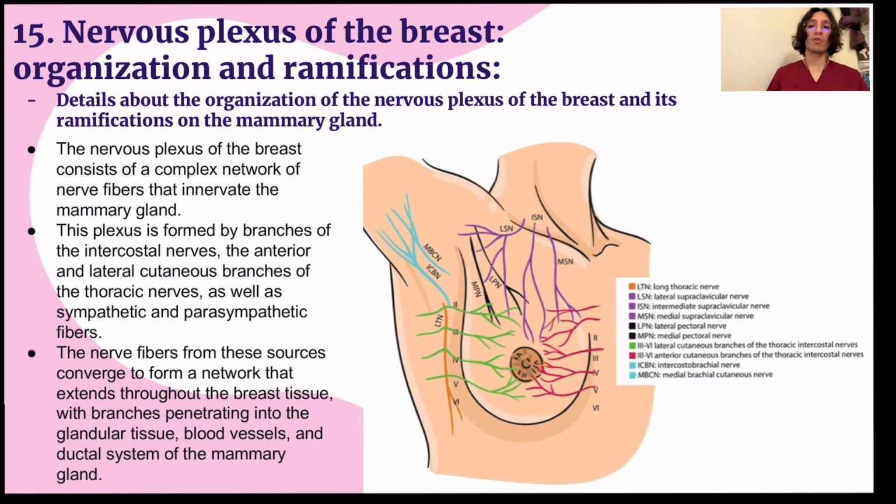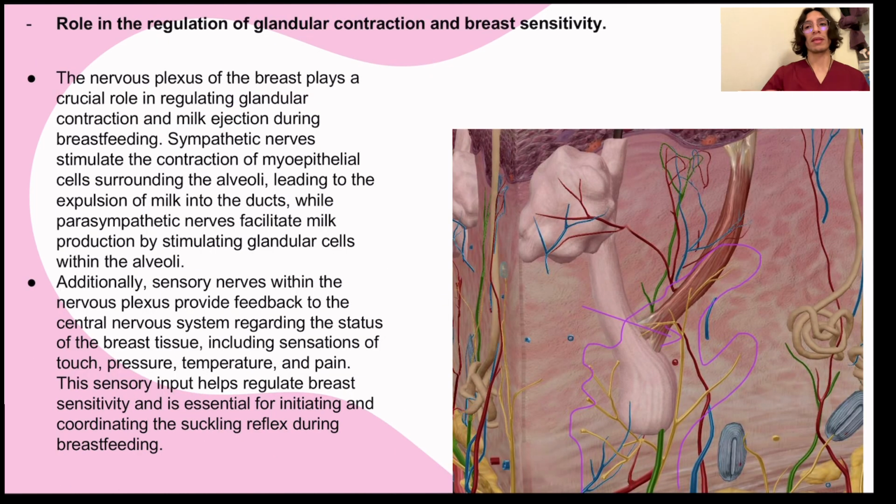This plexus is formed by branches of the intercostal nerves, the anterior and lateral cutaneous branches of the thoracic nerves, as well as sympathetic and parasympathetic fibers. The nerve fibers from these sources converge to form a network that extends throughout the breast tissue, with branches penetrating into the glandular tissue, blood vessels, and ductal system of the mammary gland.